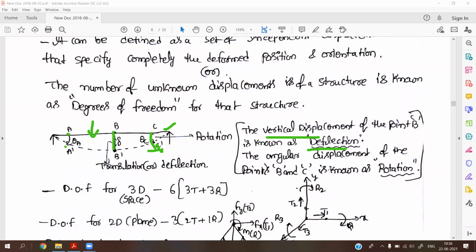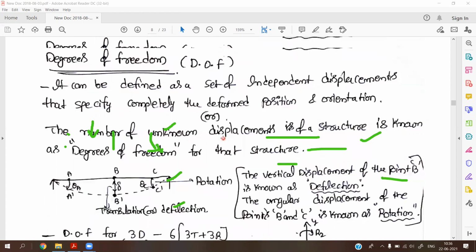Whenever a point or element has displacement in the angular direction, it is known as rotation. If a vertical displacement is taken, that is deflection. This type of topic was already discussed earlier.